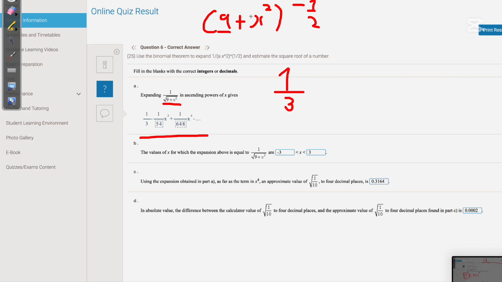Because when we take 9 out, we're going to have to make 9 to the power of negative 1 over 2. So 9 to the power of negative 1 over 2 will give us 1 over 3. So 1 over 3 times 1 plus x squared to the power of negative half.